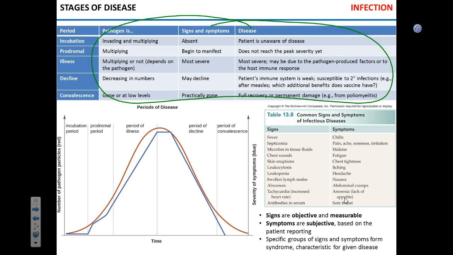But generally, when we talk about the incubation period, the patient doesn't know that he or she is infected. At this time, the microbe may replicate or may not replicate. But the point is that during the incubation period, you have a live microbe in the host, and the host doesn't know what's going on. Does that make sense?